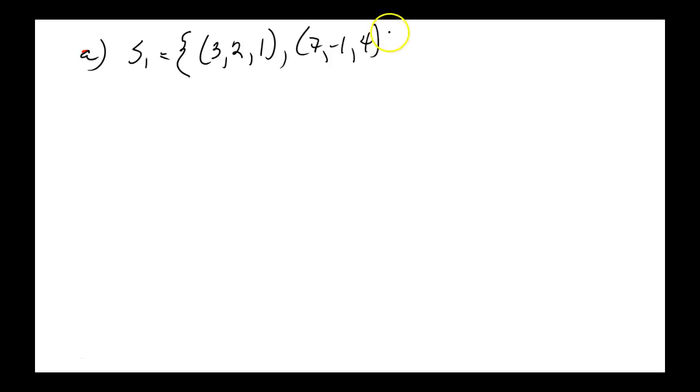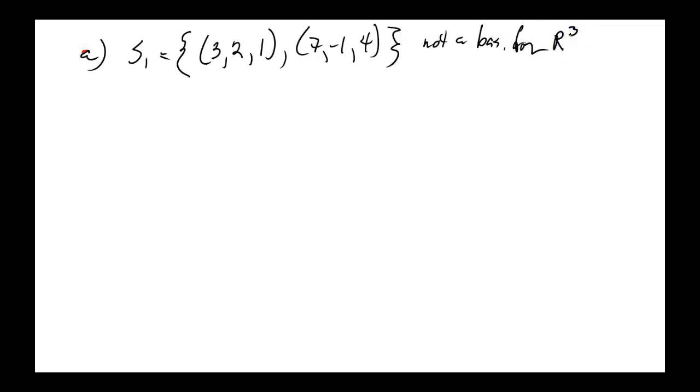It says it's not a basis for R3 because we don't have three vectors. Because we know one basis for R3. That's what this is saying. This is not a basis for R3.